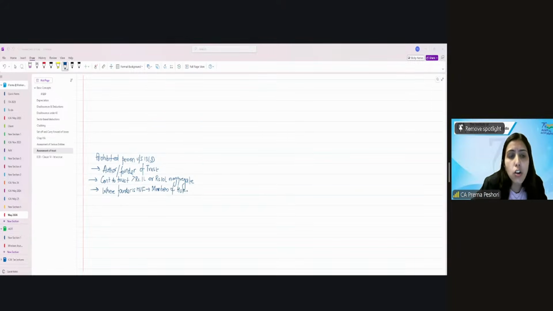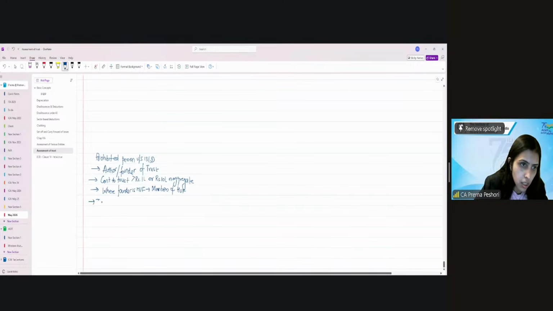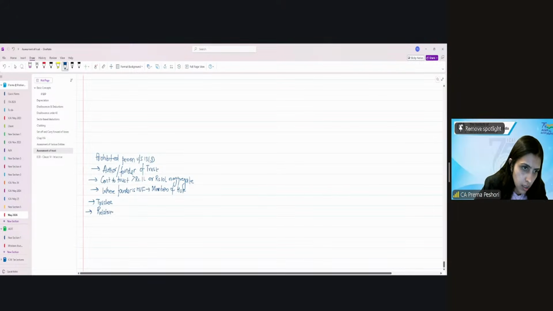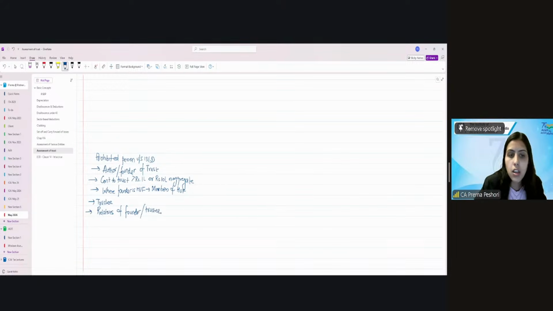Then any trustee of the trust. Relative of the founder or trustee. Any concern in which these people have substantial interest. What do we mean by substantial interest?